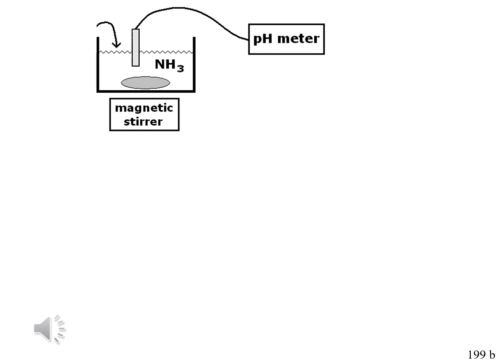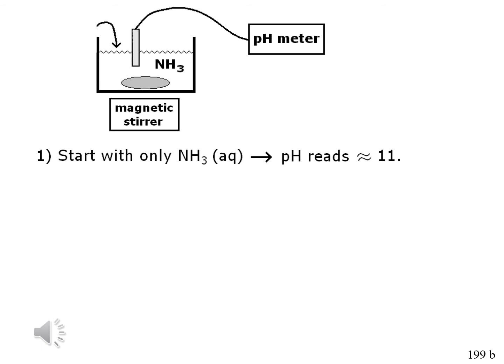So the first question I want to ask is, what kind of a pH will you get if you have only NH3? Well, you know that NH3 is a weak base, but you haven't added the acid part yet. So you're going to get a pH that's in the basic range, and not only that, but it's going to be above 10 because you didn't add the acid yet.